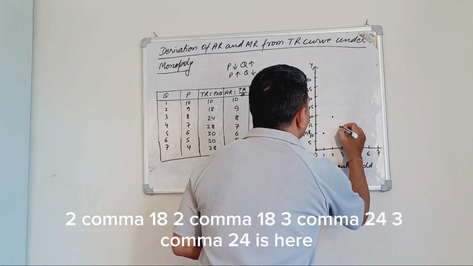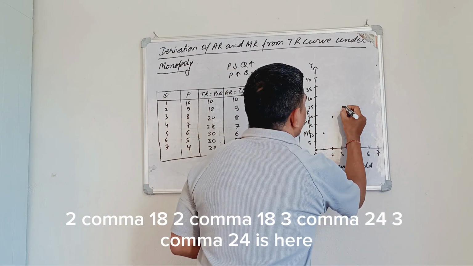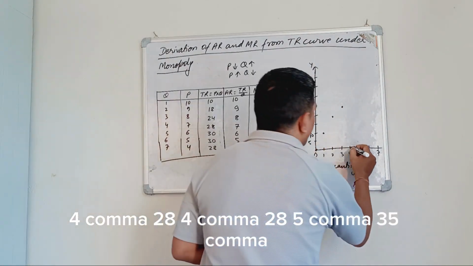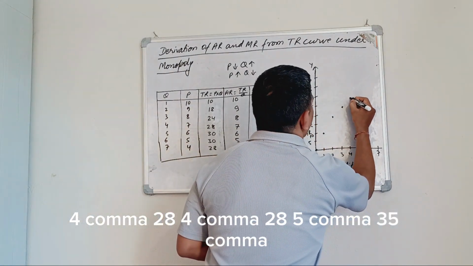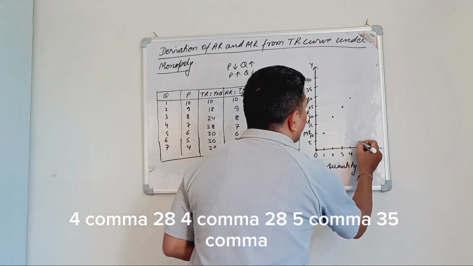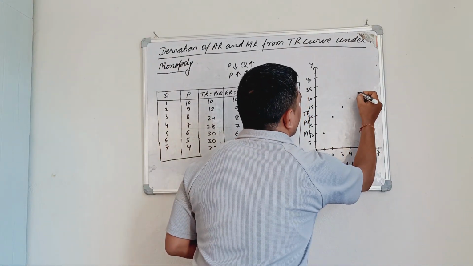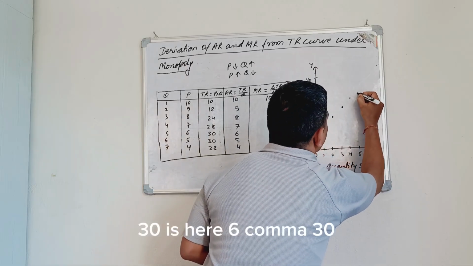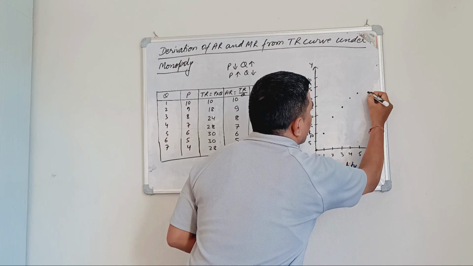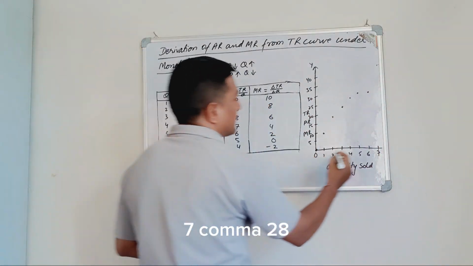3, 24 is here, 4, 28, 5, 30 is here, 6, 30, 7, 28.